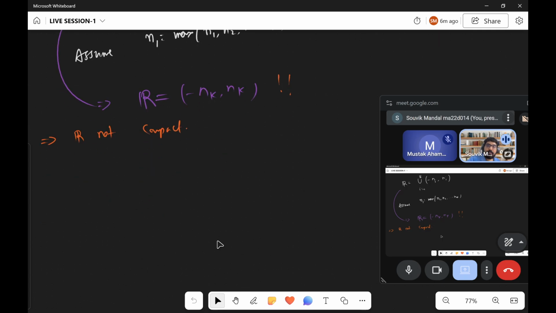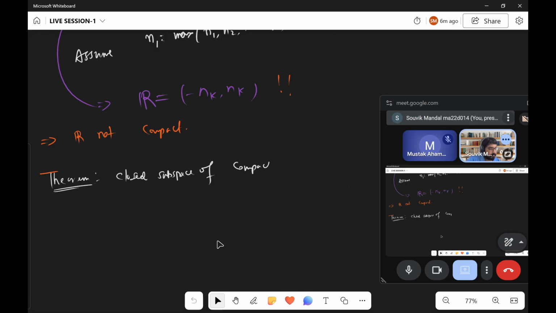There is one theorem which tells that a closed subspace of a compact space is compact. Closed subspace of a compact space is compact.